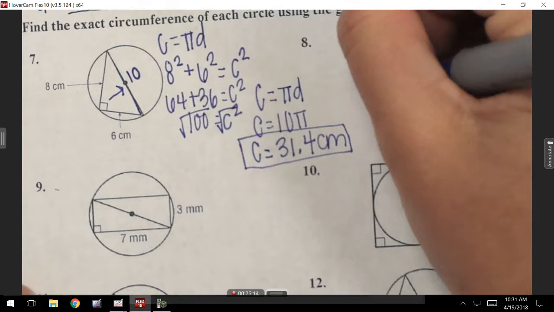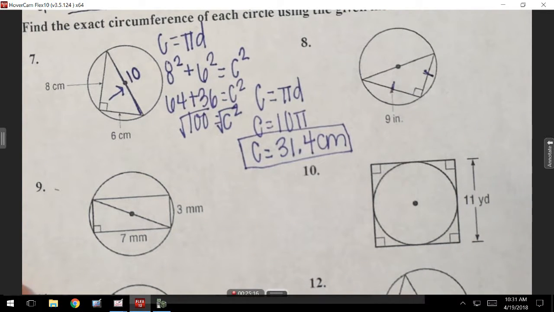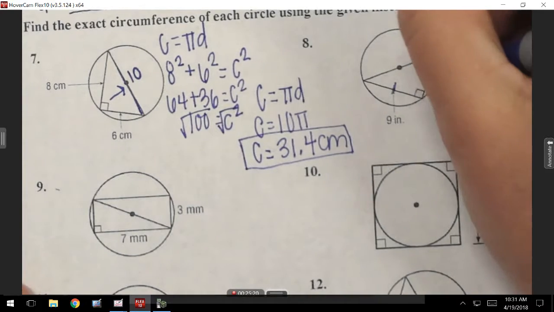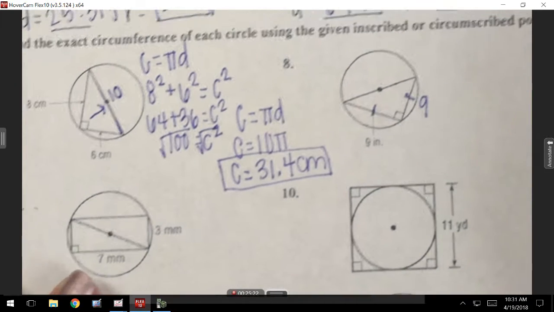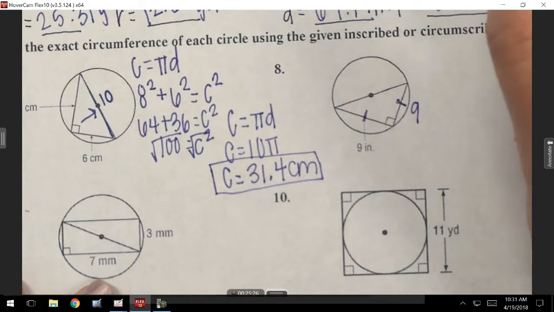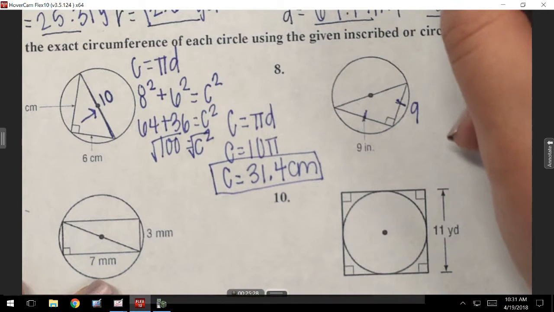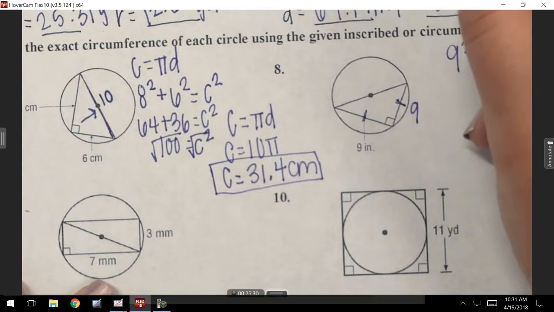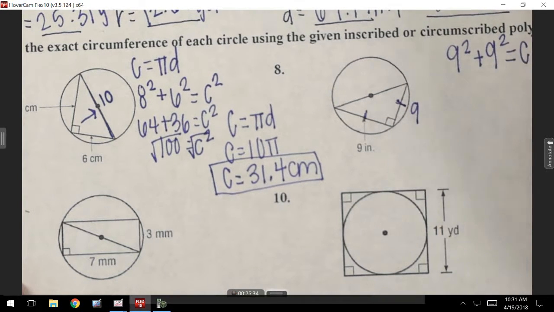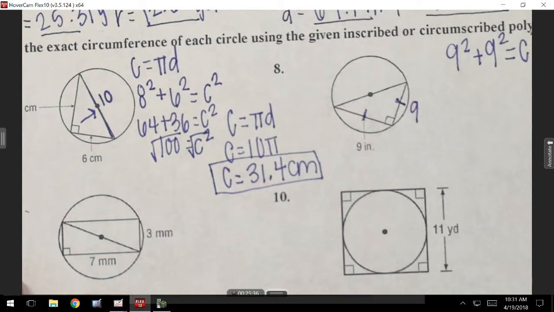What do these two dashes mean? They're congruent. So if one's 9, what's the other? So what am I finding? So how do I set up the Pythagorean theorem? 9 squared plus 9 squared equals? Go ahead and take the square root.